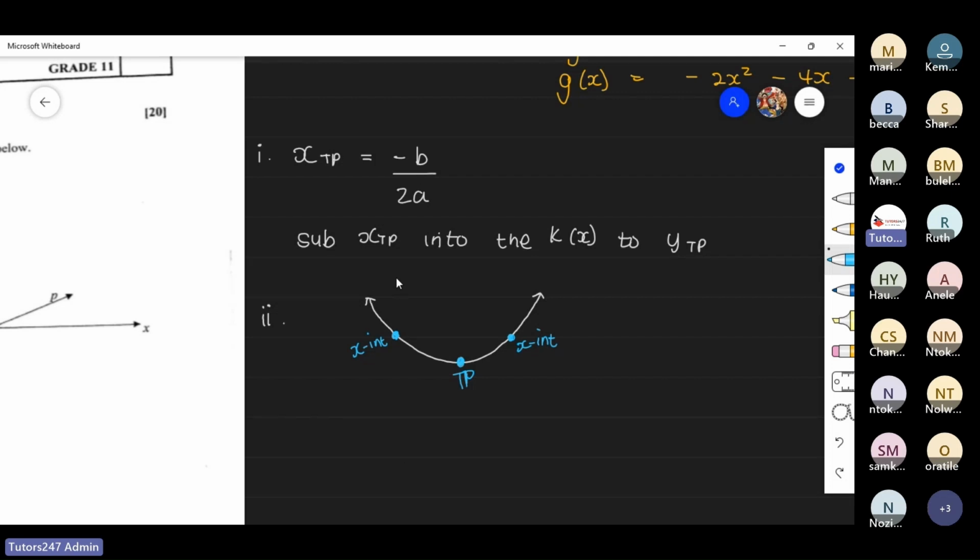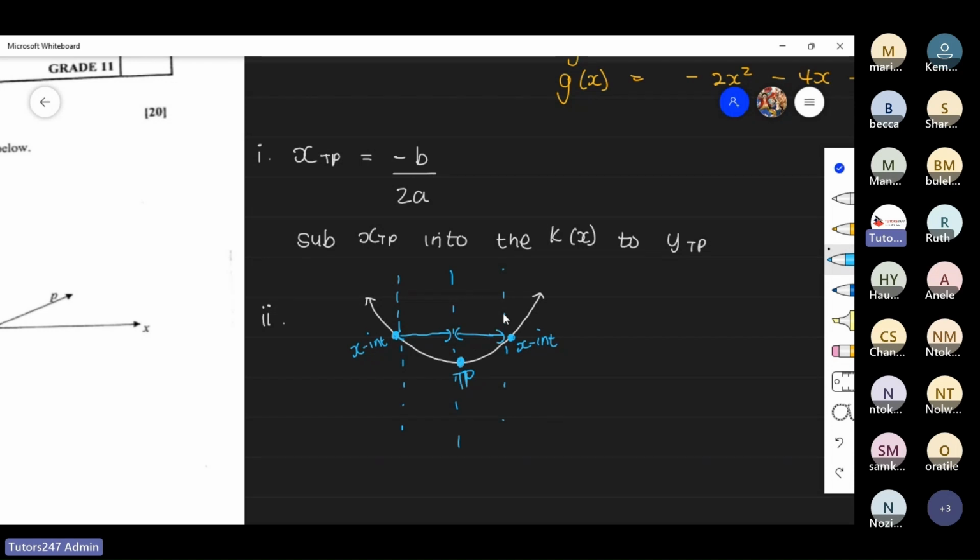So if you are looking at x values only, what that means is that going from this x-intercept on the left to the turning point is the same distance as going from the turning point to the x-intercept on the right.